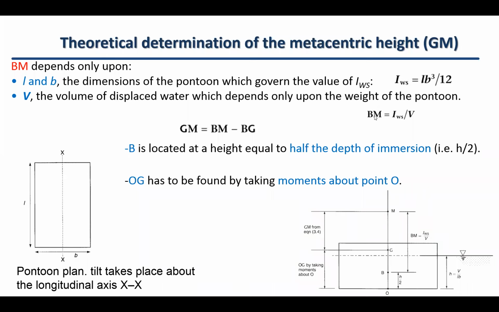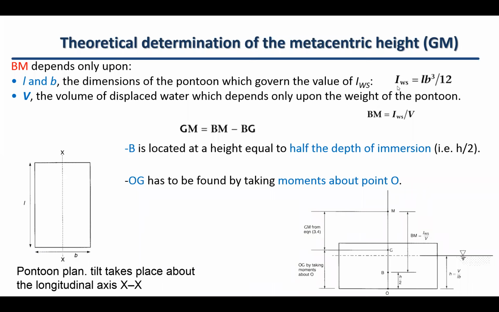We will prove later that the BM for this pontoon, or pontoons in general, is calculated using this formula, which is the second moment of the area, I_WS, about the longitudinal axis, which is equal to the length L times B cubed over 12.